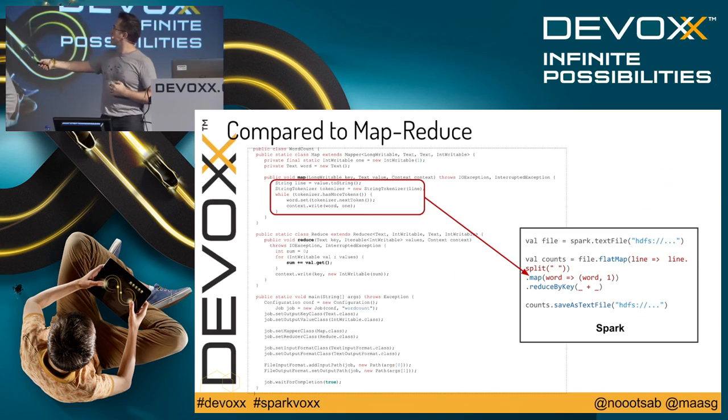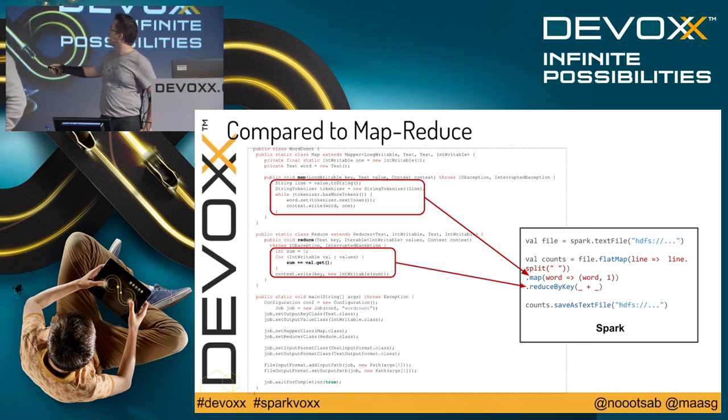The map function that is over there, that is just taking the lines of text and tokenizing it, getting the words and putting them together. And then the reduce part where we sum this and we get some totals.